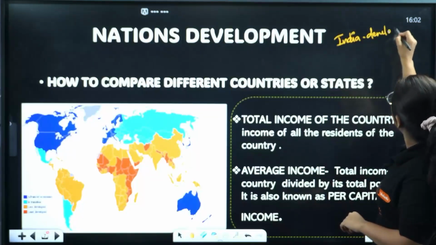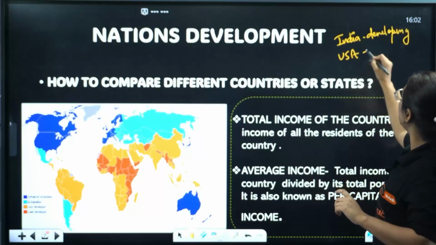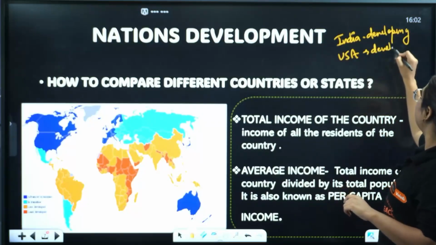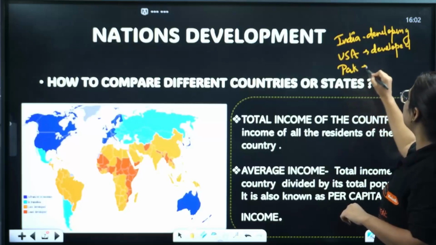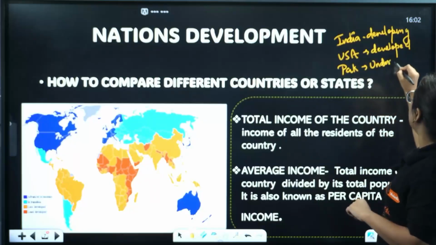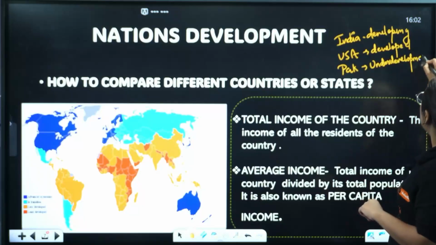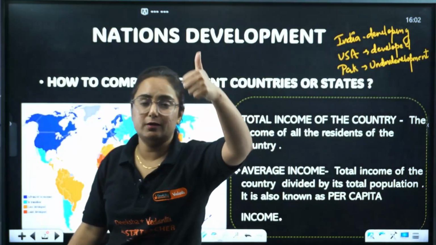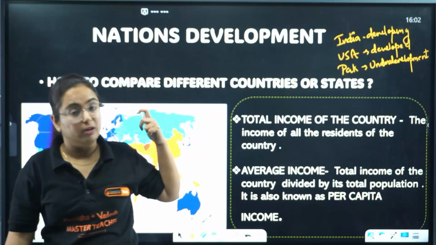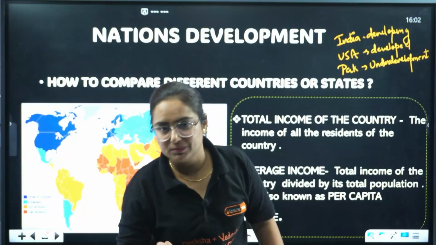Then there are times when we saw that USA is a developed country, and we have even heard that Pakistan is an underdeveloped country or nation, right? Now here you can identify three different words: developing, developed, underdeveloped. We are giving this criteria to a country on the basis of something.